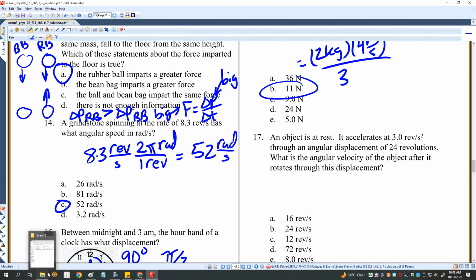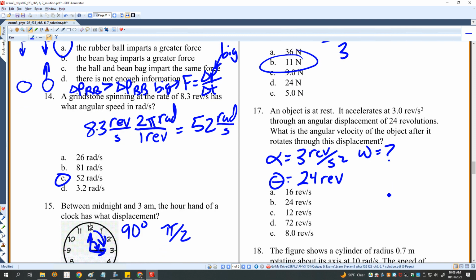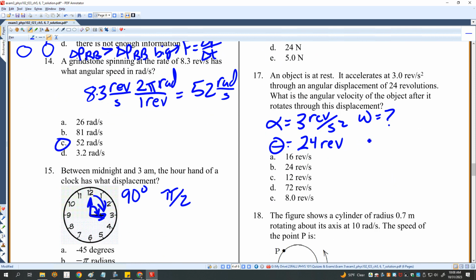An object is at rest. It accelerates at 3 revolutions per second squared, has an angular displacement of 24 revolutions, and I want to know what is the angular velocity after it rotates through that displacement. Two things you need to do here. You need to say that theta is equal to 1/2 alpha t squared and solve for t.